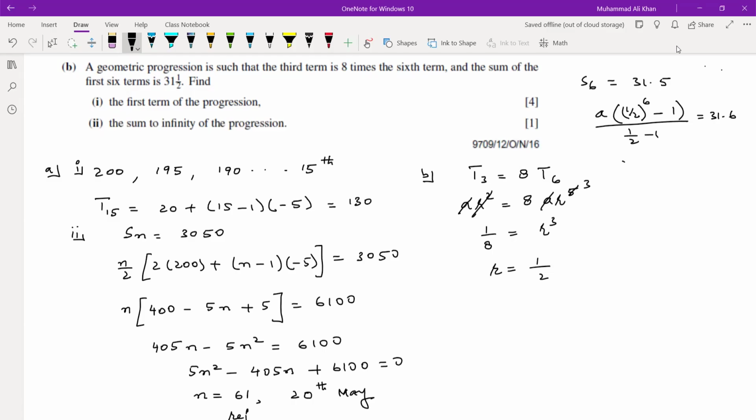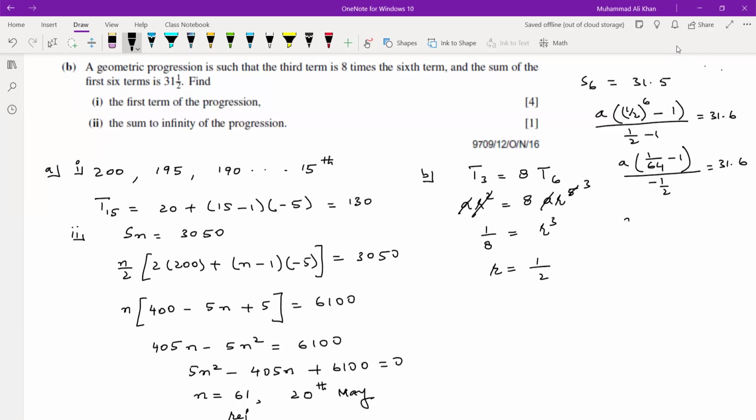Now this will be A times (1/2 power 6, and 2 power 6 will be 64) minus 1, divided by half minus 1, which is minus half, equals 31.5.